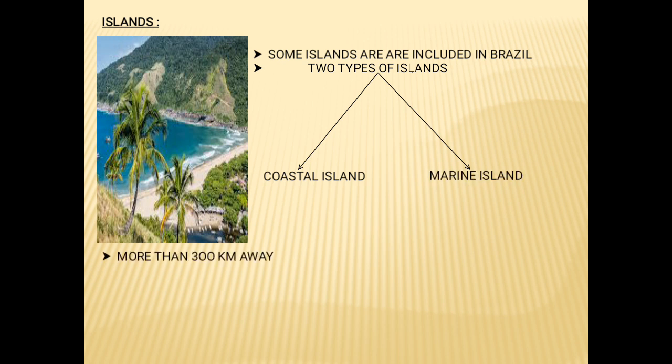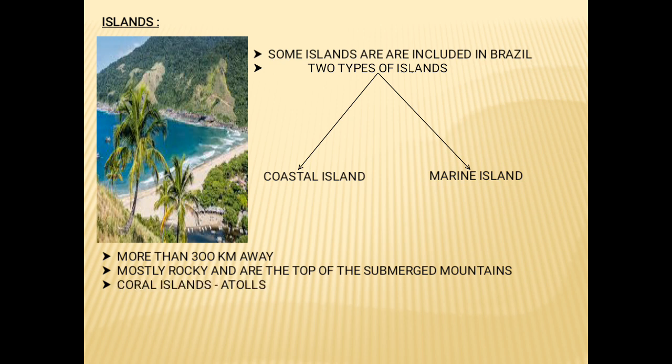They are more than 300 kilometers away from the mainland in the Atlantic Ocean. These islands are mostly rocky and they are the tops of submerged mountains. The islands near the coast of the South Atlantic Ocean are coral islands and they are called atolls.